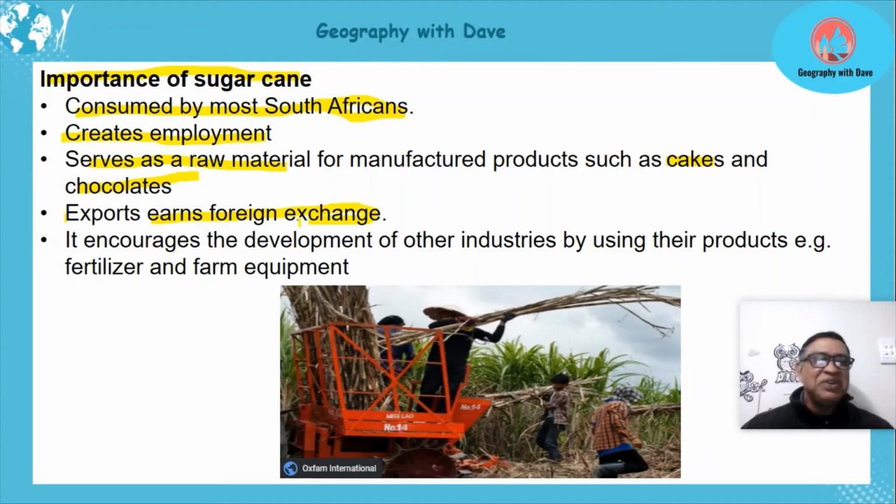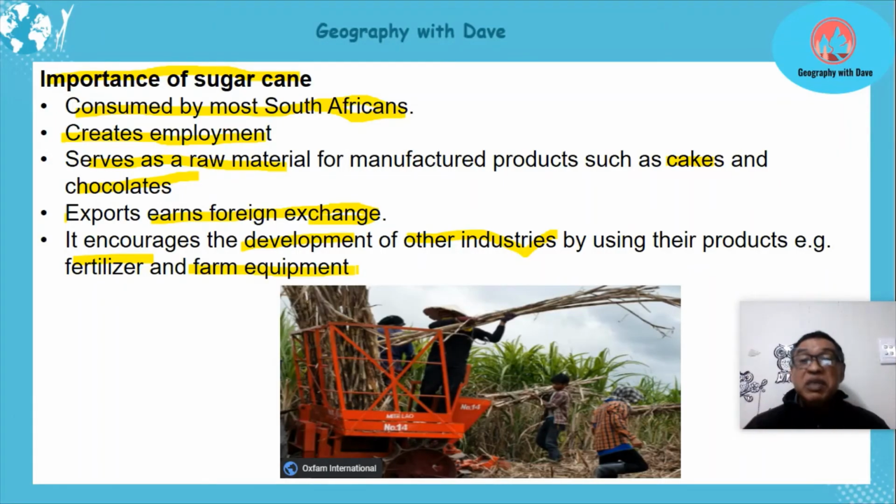That money coming in also encourages development of other industries, for example, fertilizer and farm equipment. All these things are supplied, and therefore as sugar production increases, more of these companies are coming out.